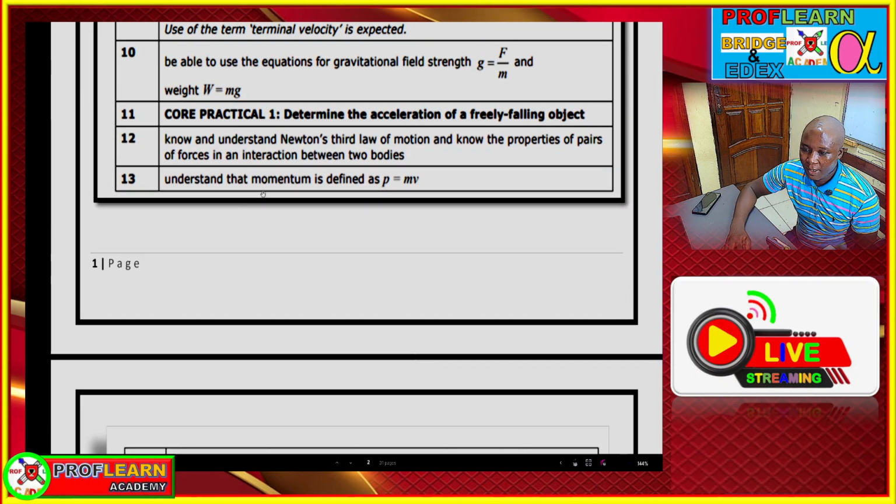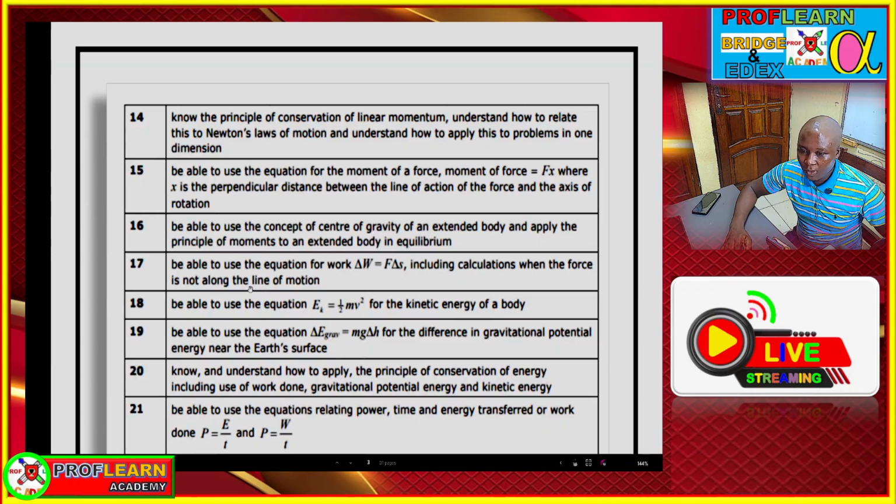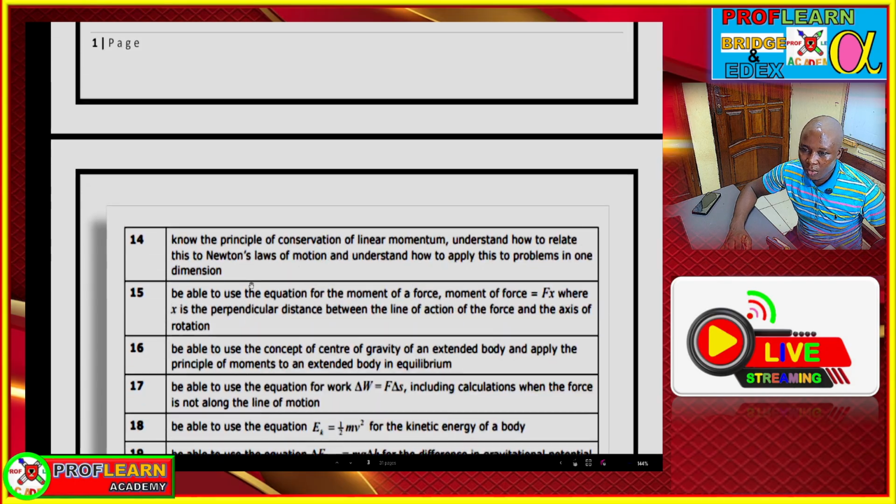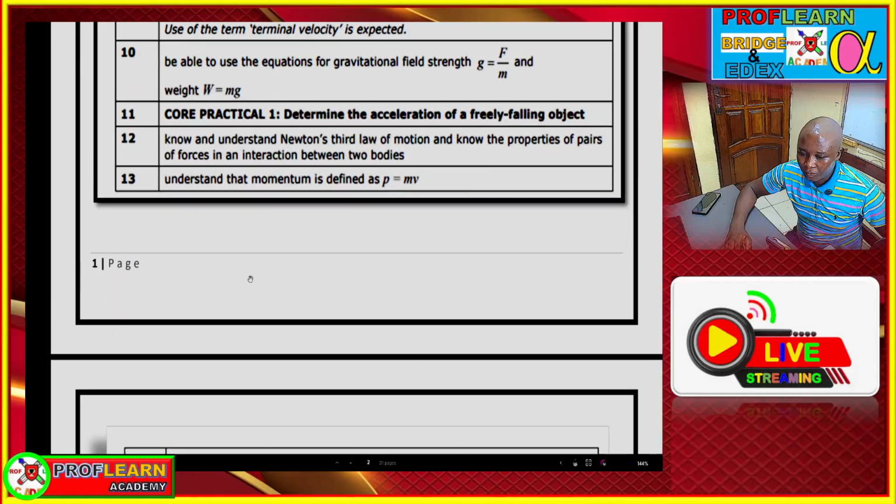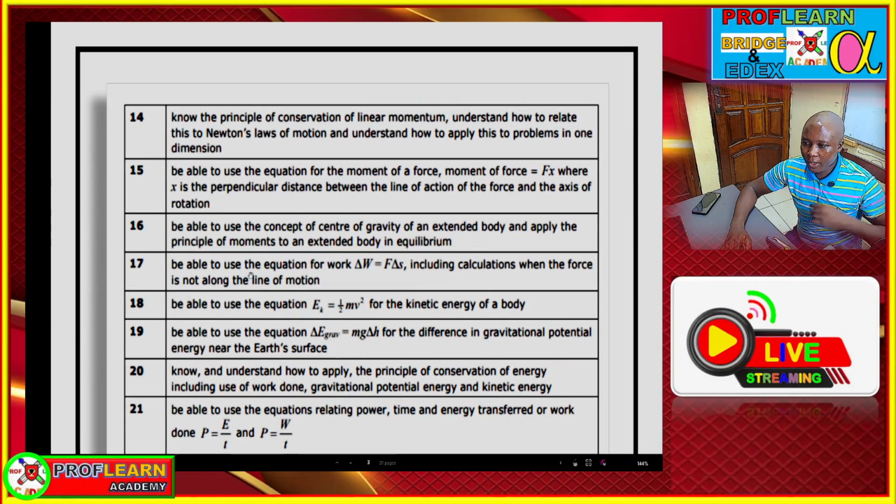Understand the concept of momentum, and in this case, we're going to look at momentum in one dimension. You also need to know the principle of conservation of momentum, that momentum before collision is equal to momentum after collision, and that is for a closed system.